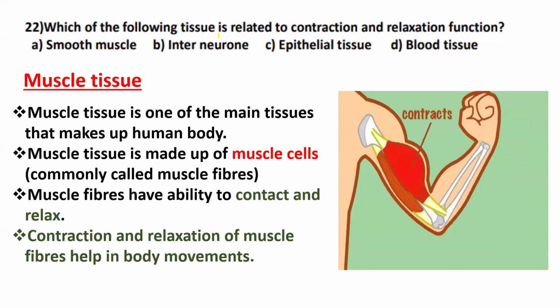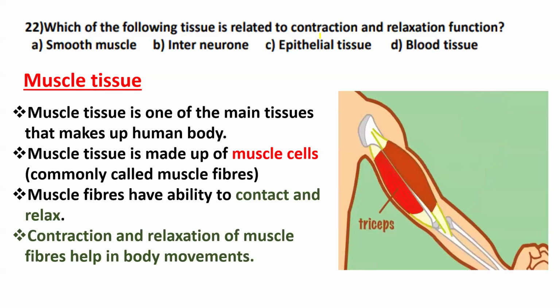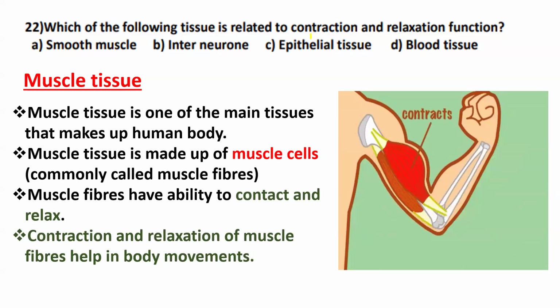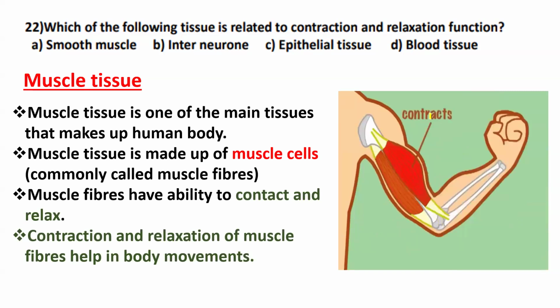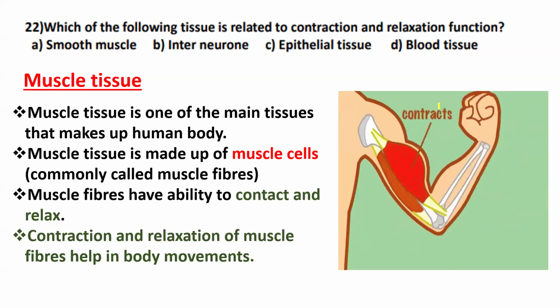Then, which of the following muscles is related to the contraction and relaxation function? All the muscle tissues, whether skeletal muscle, smooth muscle, or cardiac muscle, contract and relax.